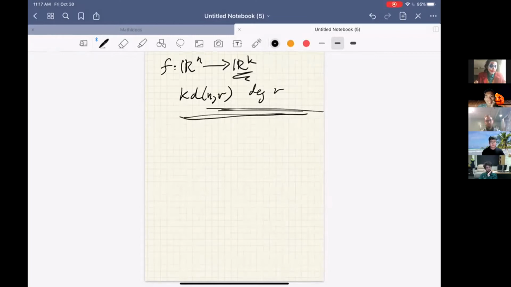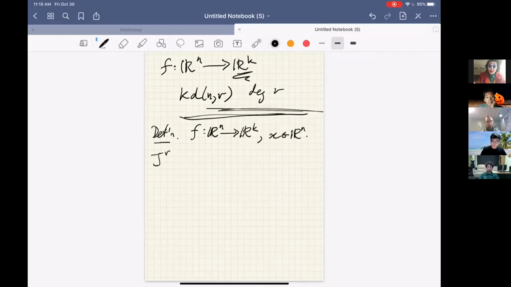Let's see. So let's collect all this information into one definition. So suppose you have a smooth map, Rn to Rk, and you have a point in Rn. So this is the most important definition, I think. I'm going to define a tuple.